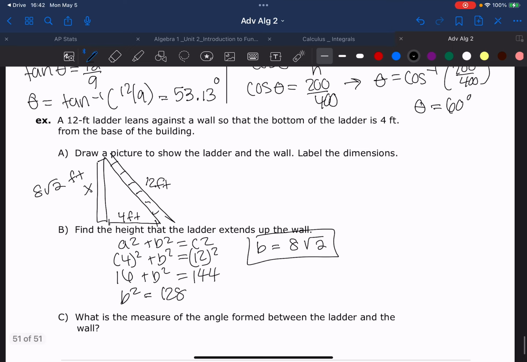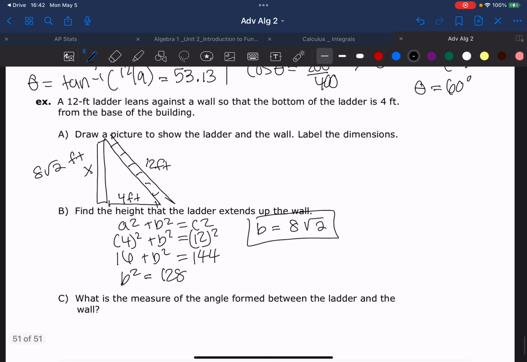Okay. It says, what is the measure of the angle formed between the ladder and the wall? So between the ladder and the wall would be this angle up here. And it wants to find that measure. So using that angle, we have the opposite, which is given to us, 4 feet, and we have the hypotenuse, which is given to us, which is 12 feet. Well, opposite and hypotenuse is sine, so sine of theta is equal to opposite over hypotenuse.